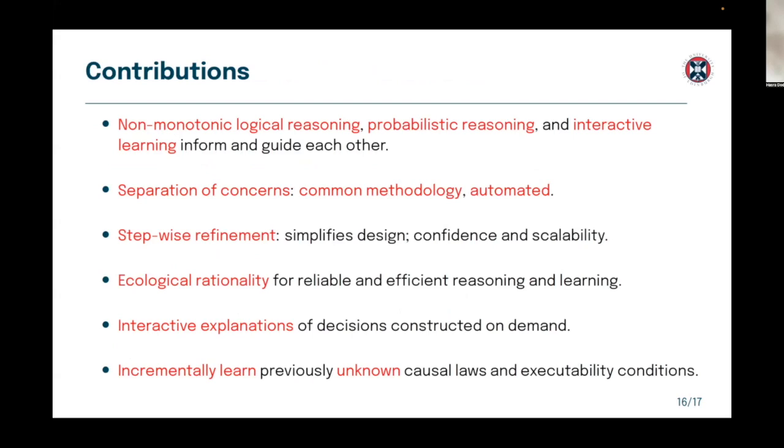And we use stepwise refinement, which allows the architecture to scale to much larger domains. And we also use ecological rationality for reliable and efficient reasoning and learning. The agent is able to provide interactive explanations of decisions, constructed on demand. And finally, the agent can learn previously unknown causal laws and executability conditions.